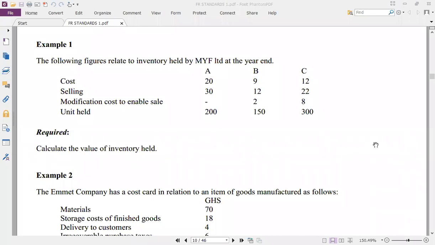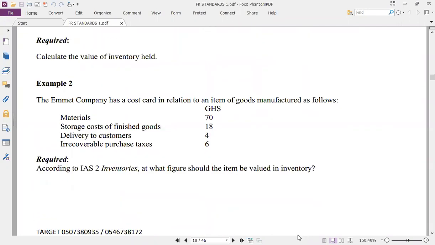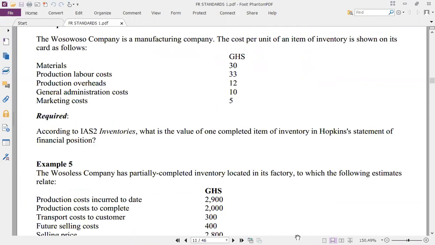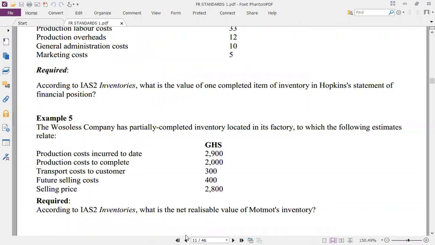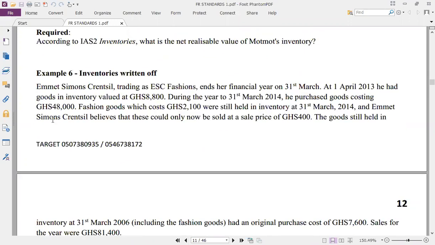Question 2, we've done it, so I'll move on. Question 3, we've done it. Question 4, we've done it. Question 5 is your trial work. So can you do question 5, 6, and 7? Okay, I'll do question 6, you do question 5.